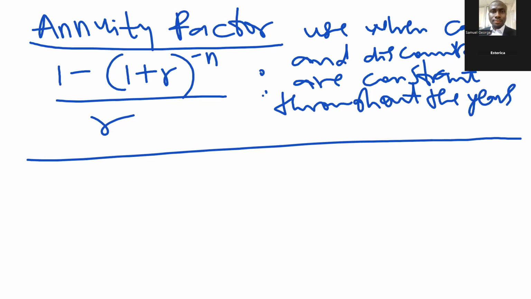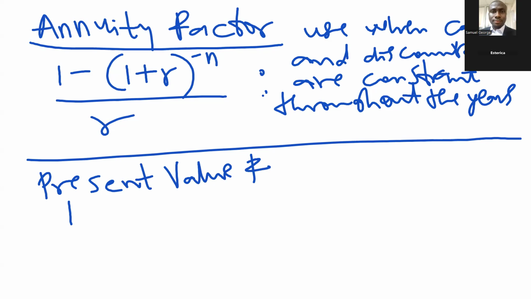So use it when discount rates and cash flows are constant. We have a constant discount rate, which is 3%. We have a constant cash flow, which is 100. Okay. The second one is present value factor. Okay, that is 1 plus r.